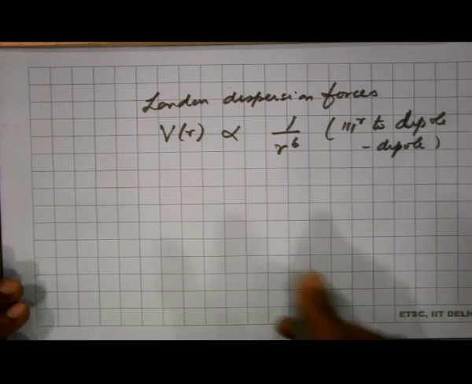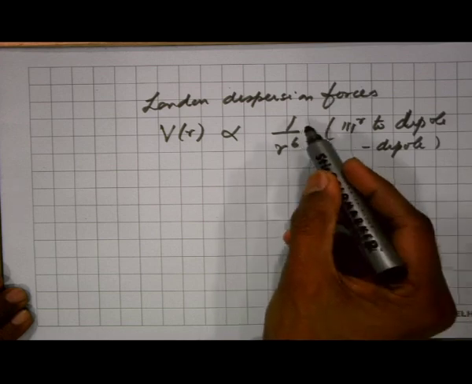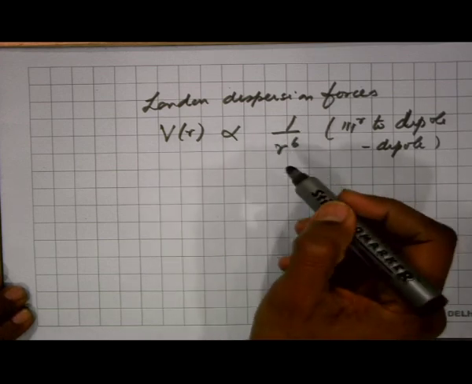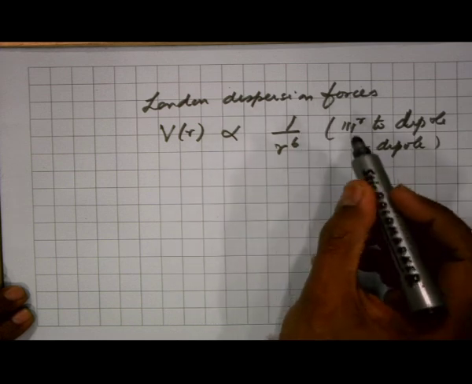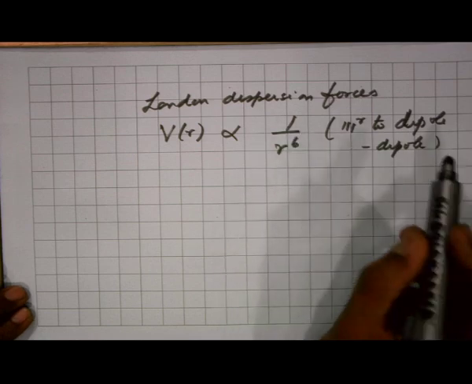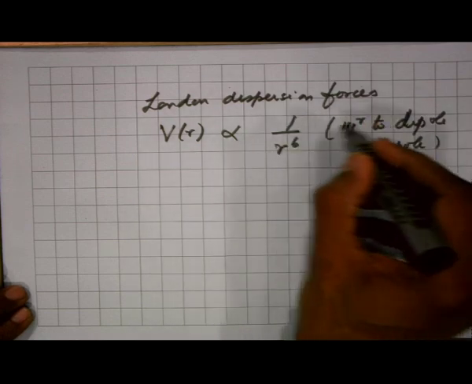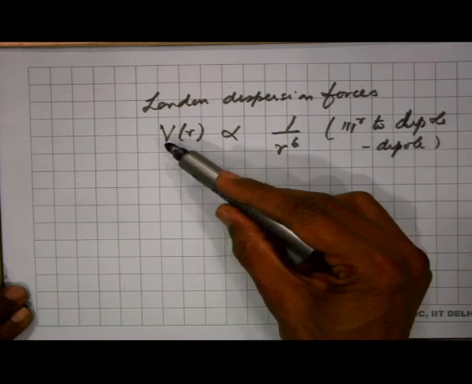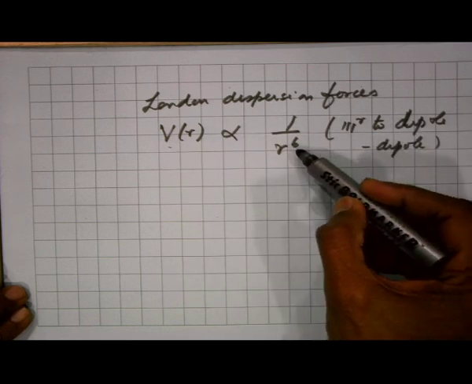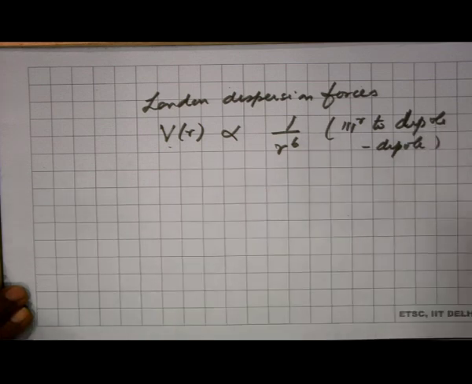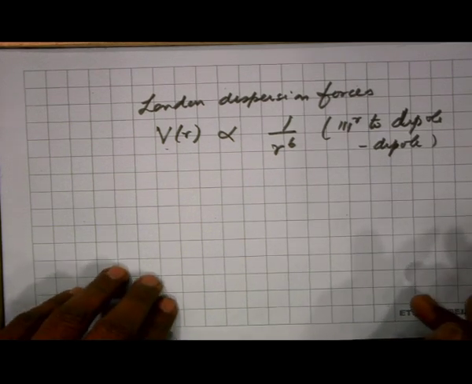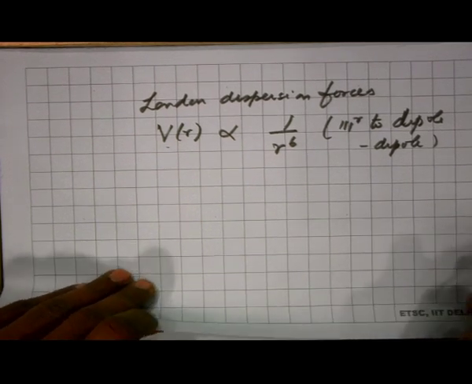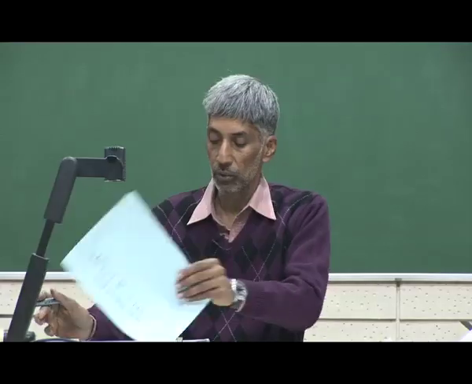It depends obviously on the polarizability, you might have already guessed, because we said that the dipole moment that is created is proportional to the polarizability. So, the proportionality constant that relates the potential energy with this functional dependence varies for the dipole-dipole and for the London dispersion forces. So, let us now try and summarize what we have learned with a flow chart.